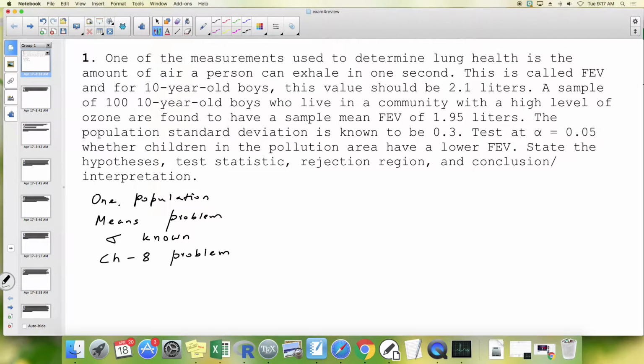Hence, we have to start with the hypothesis. So H naught and HA.